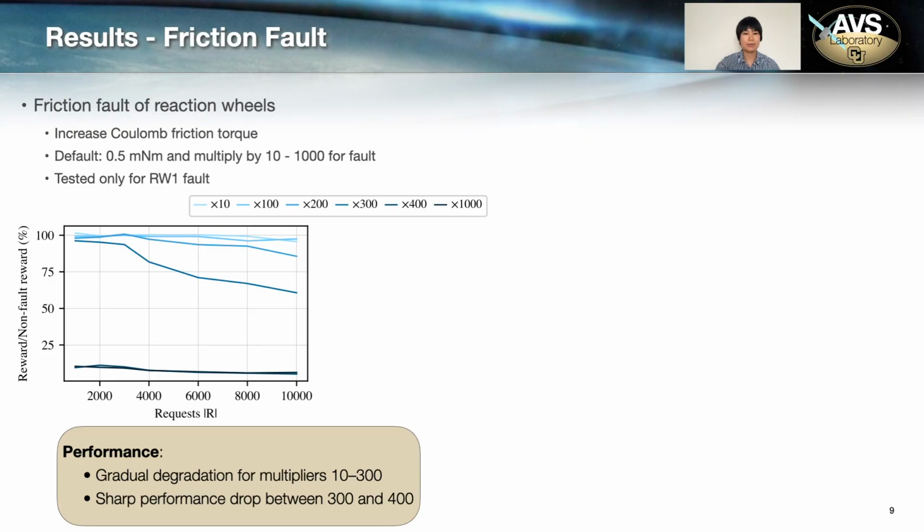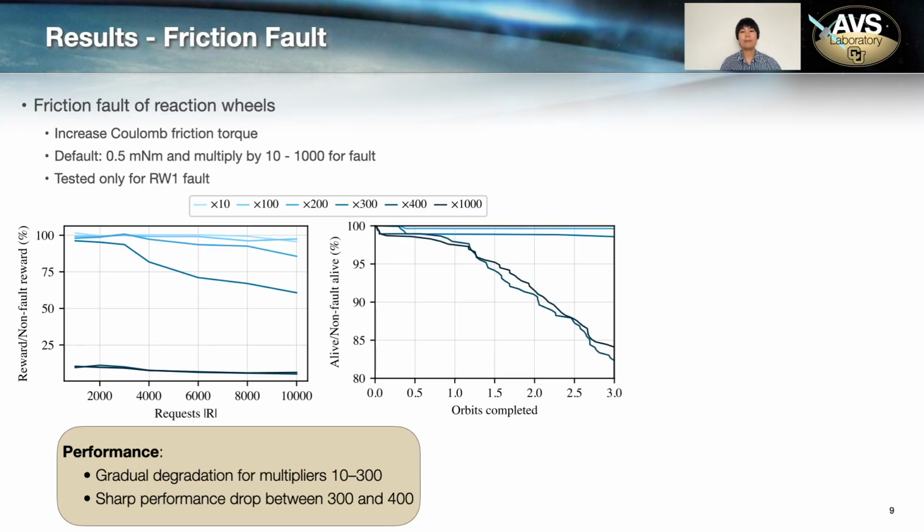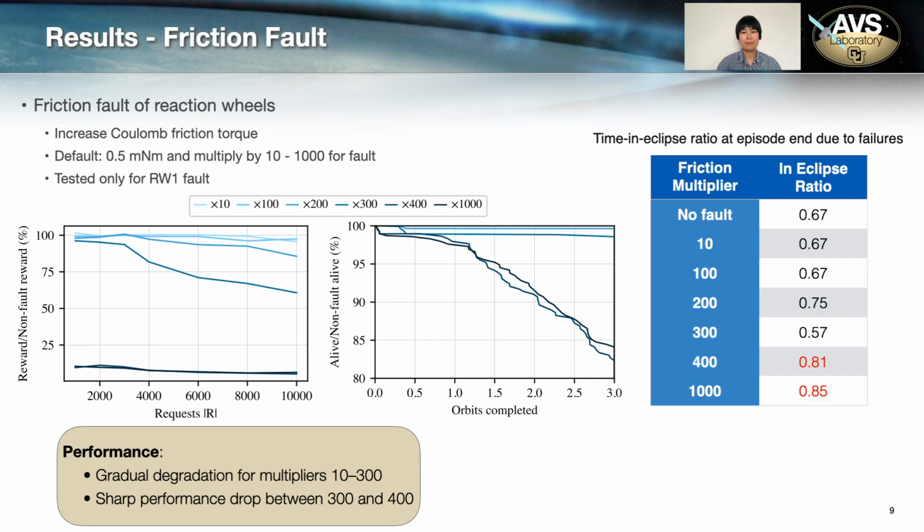But why did it happen? So you can see the aliveness plot, and you can see the huge gap between 300 and 400. Why did it die for a lot of the 400 cases?